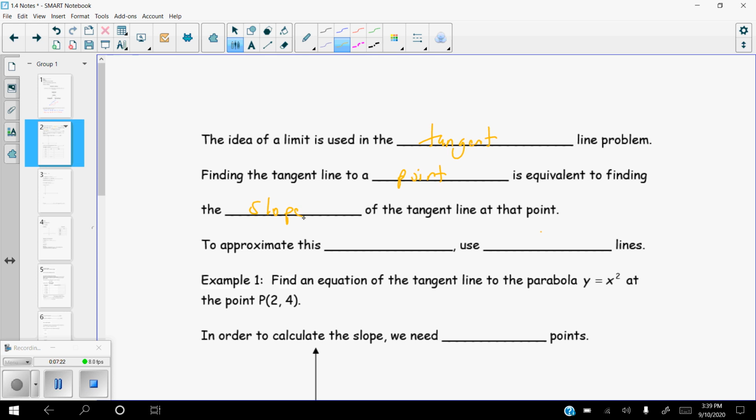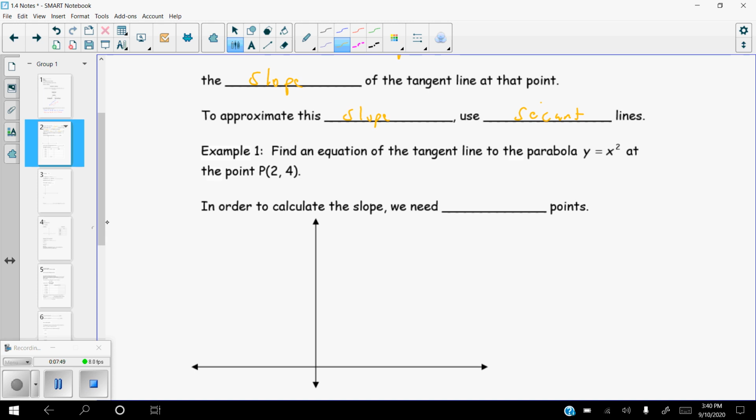And so to approximate this slope, we're going to use secant lines. All right, so here is our example, and hopefully this will make sense to you.